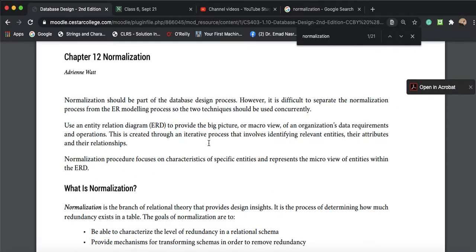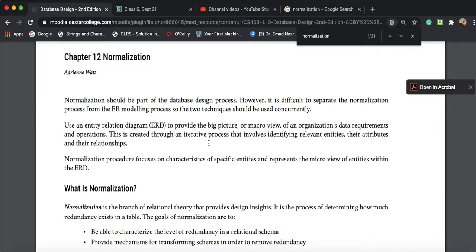Okay, what is normalization? Normalization is something we need to make sure that our design is good. What I mean by our design is the relational scheme.